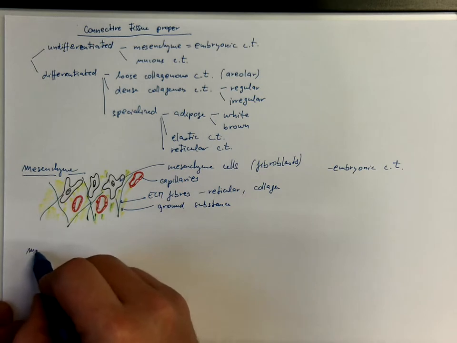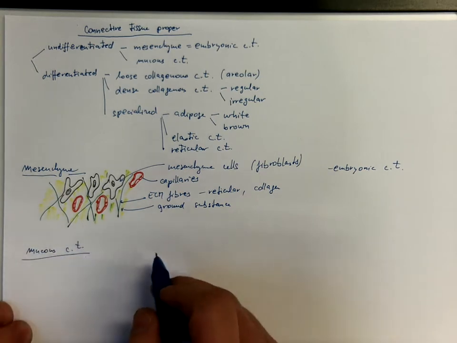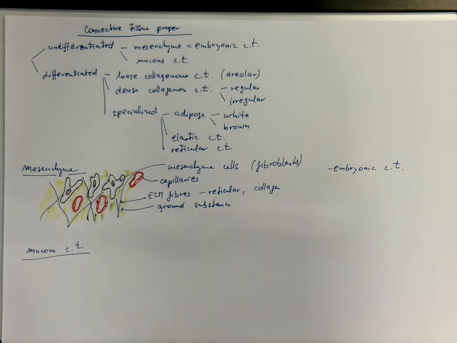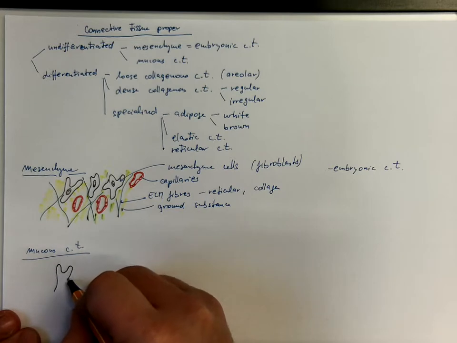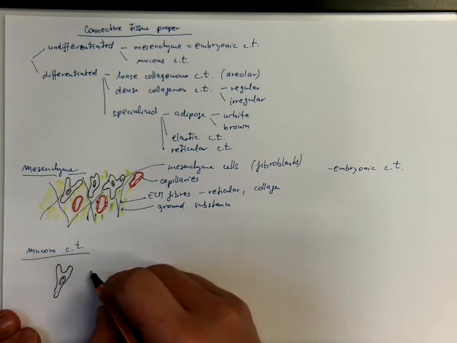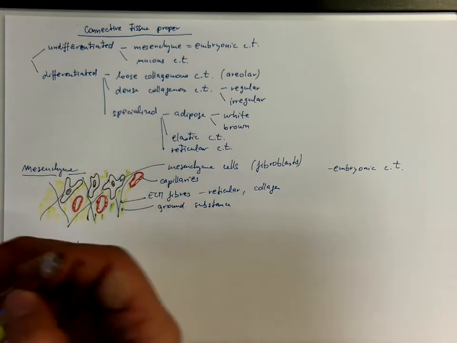Very similar is mucous connective tissue. The difference is rather quantitative, and it also contains fibroblasts, occasionally fibrocytes, the resting forms. There are capillaries as well.